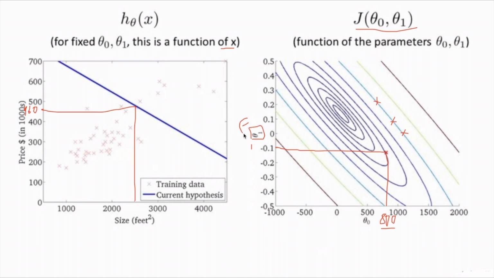This is the correct representation, because here also theta 1 is negative, and this line also has a negative slope, because the final value is lower than the initial value. So this is my hypothesis function representation with respect to j of theta. We change the values according to our needs.